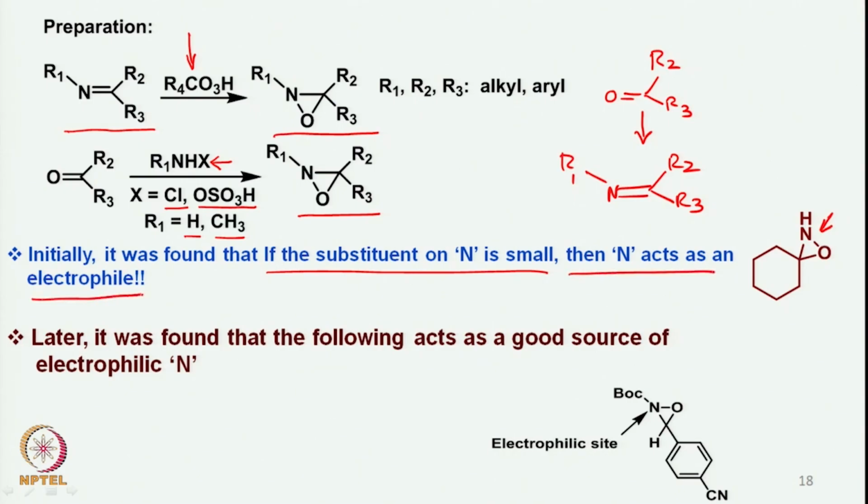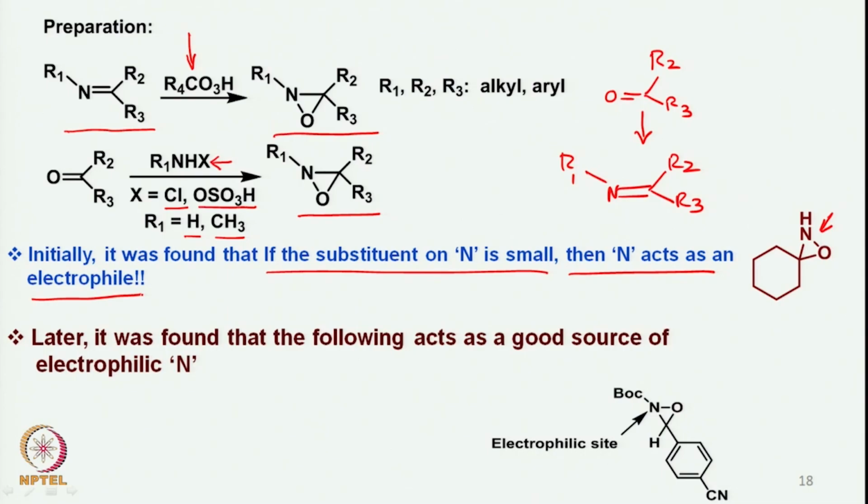Unlike dioxirane, which is dimethyldioxirane or any other dioxirane, here there are two different possibilities. One is oxygen as an electrophile, the other is nitrogen as an electrophile. Therefore, one has to be a little bit careful. So, it is always possible that nitrogen can get transferred instead of oxygen, or oxygen gets transferred instead of nitrogen.